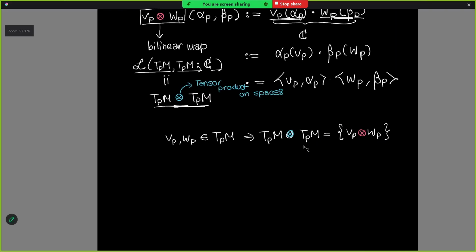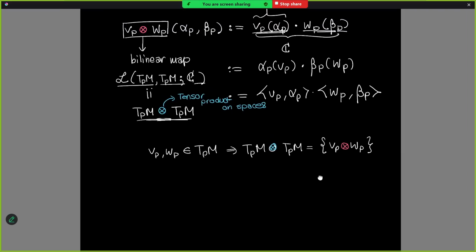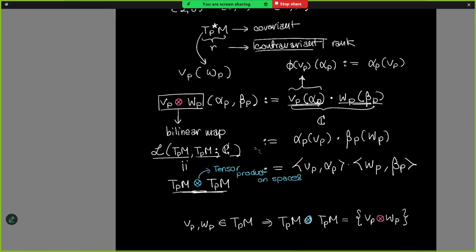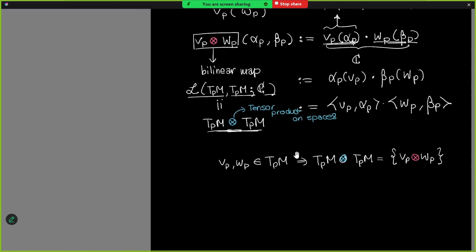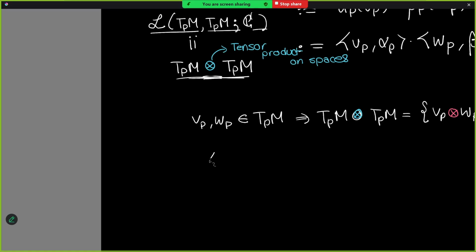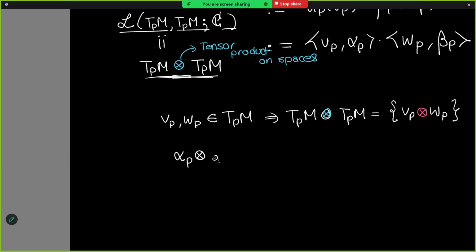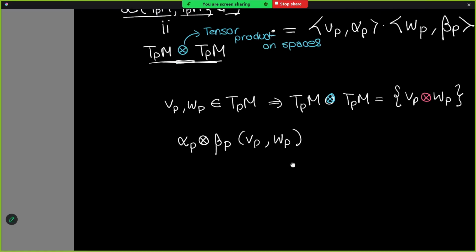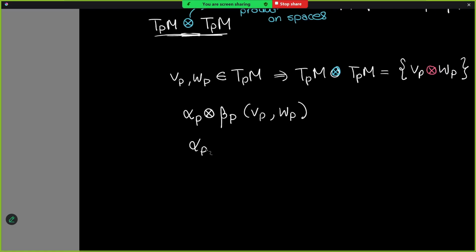And similarly with covectors. So if we took one of these to be a covector, then we would just get something else. So if we do alpha p cross beta p, then we would take two inputs of vectors, and it would be defined similarly, and we could mix them too.